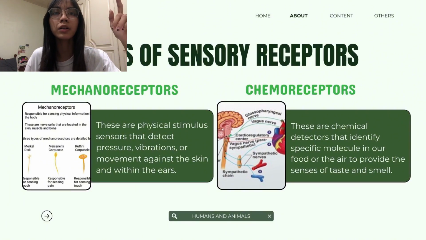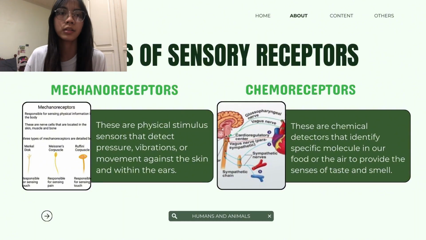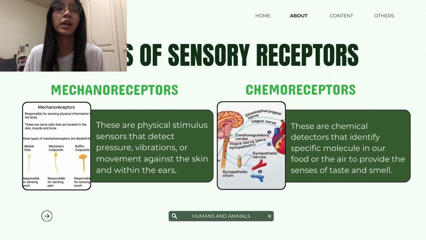Those signals turn into electrical signals, and then go through our nervous system to our brain, where our brain interprets the taste as tasting bad, tasting good, like salty, sweet, and bitter, etc.